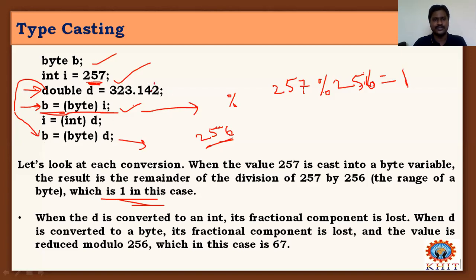So it simply ignores the fractional part and just holds 323, and 323 modulus 256 gives the value 67, which is displayed as a byte variable after casting. And when you want to convert it back, just add 256 to these values. 1 plus 256 gives 257 for the integer case, and 67 plus 256 gives 323 again. This is the process of typecasting.